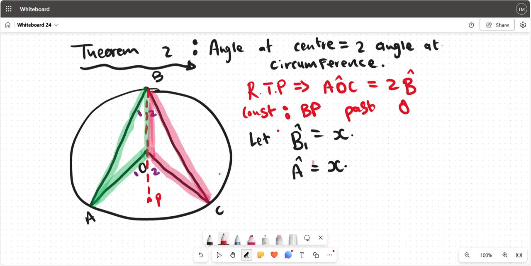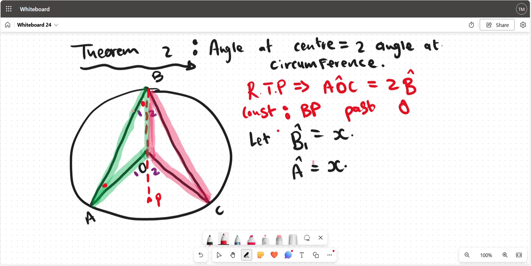And you're sitting there asking, Mr. Malachi, where are you getting that? I'm saying that this will be the same as that angle up here. And where am I getting that from? If you notice, this is a line from the center to the circumference, so that's a radius, and this is also a radius.